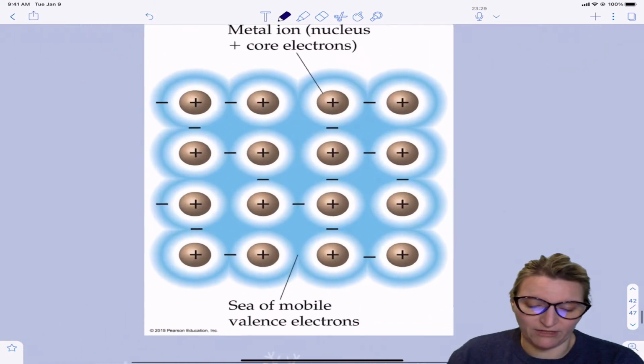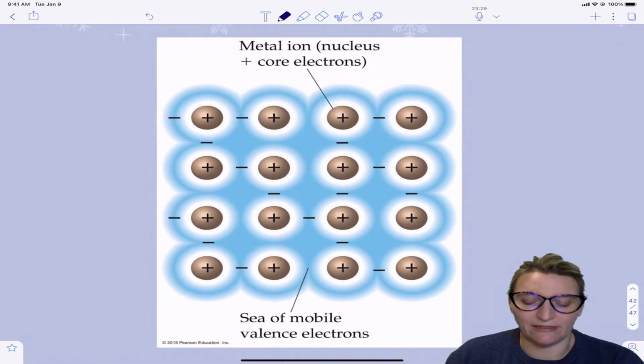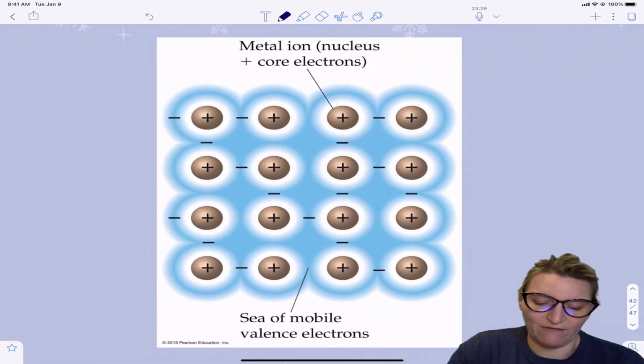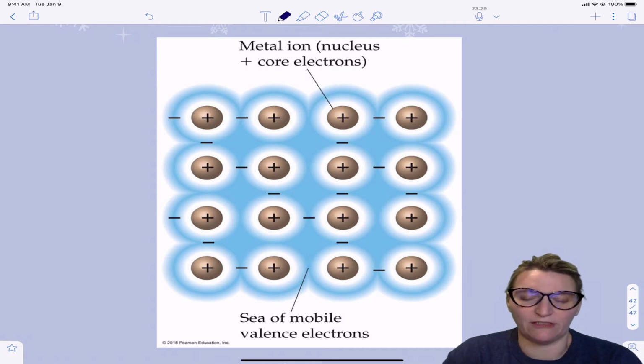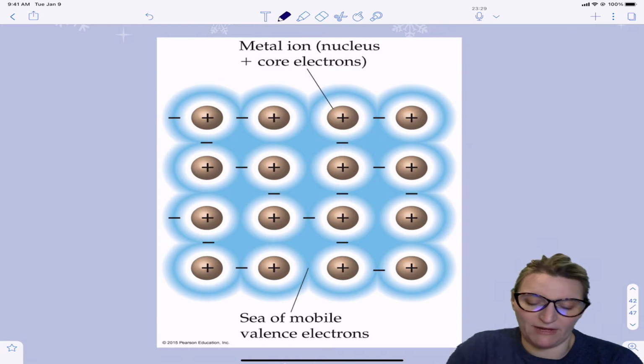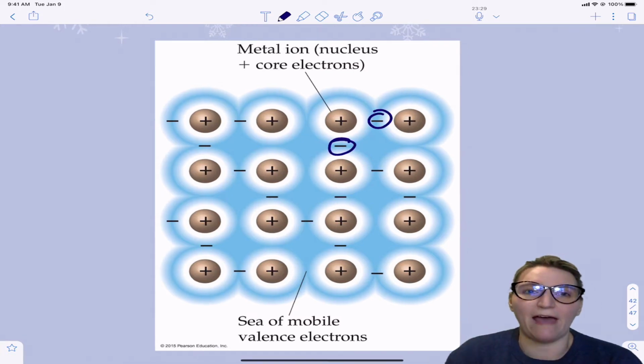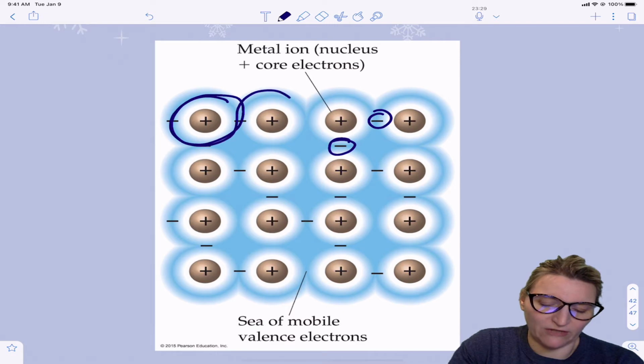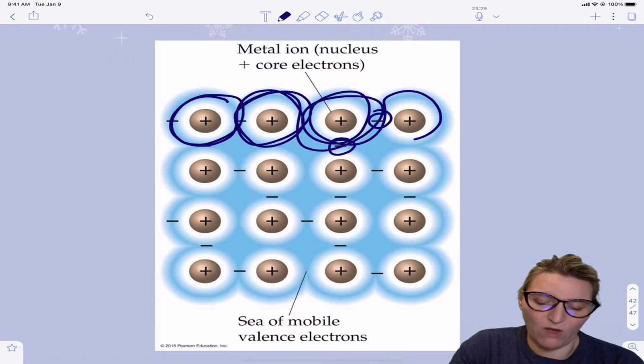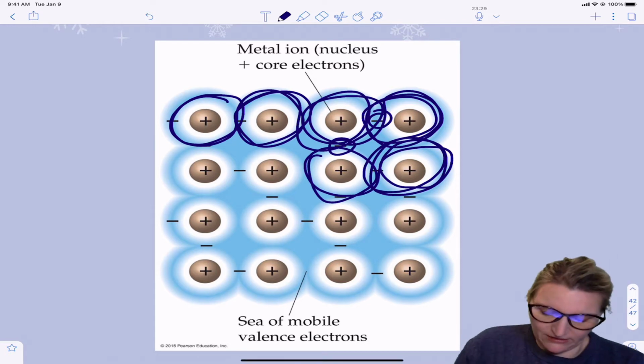This is just another picture showing sort of the exact same thing, that we have this metal ion, and they call that the nucleus and the core electrons, right? Because the valence electrons have left. And now these valence electrons sort of hop from one atom to another atom. We sometimes call this your sea of mobile valence electrons.